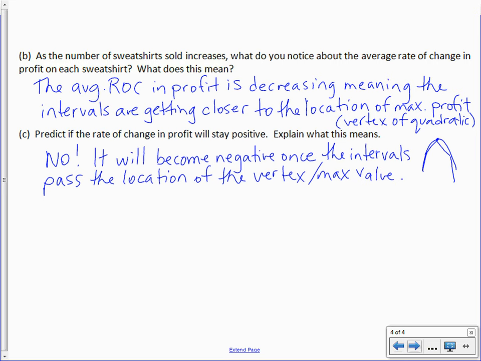Everyone okay with that? Again, visual: okay, here's the vertex. Positive, negative. Okay?